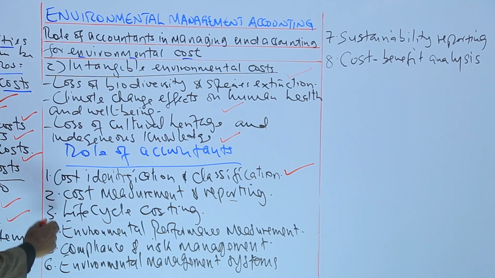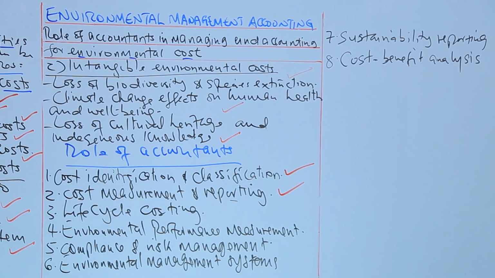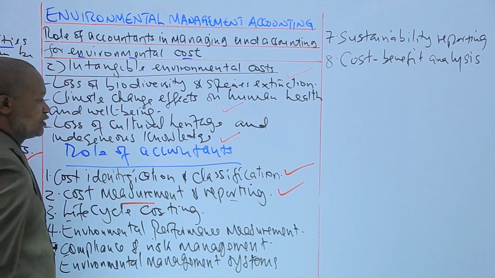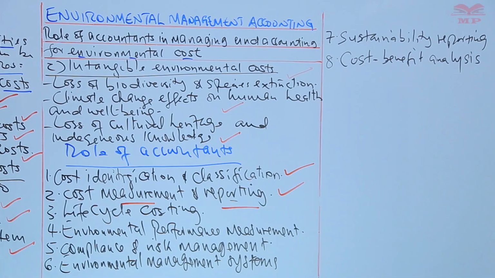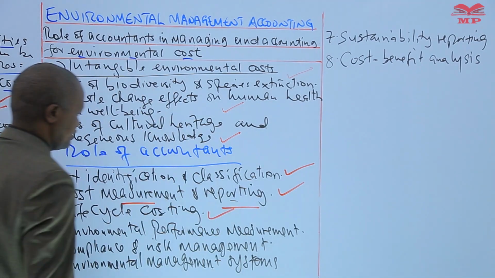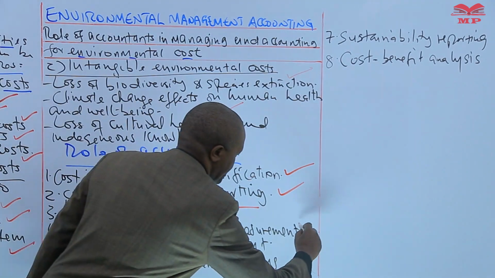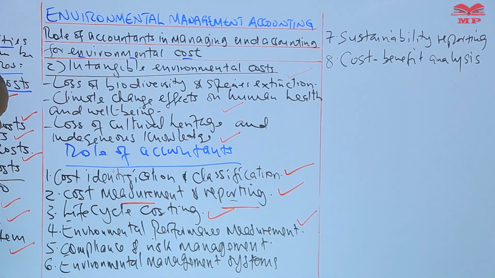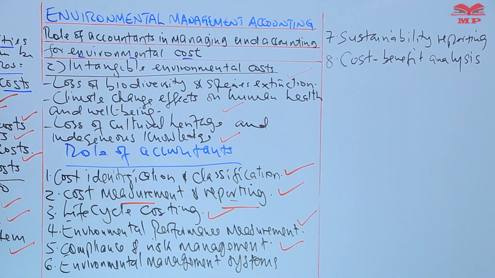Then in point number 2, we have cost measurement and reporting. These are again 2 roles in one. Cost measurement and cost reporting. Number 3, life cycle costing. Number 4, environmental performance measurement. Number 5, compliance and risk management. Number 6, environmental management system.